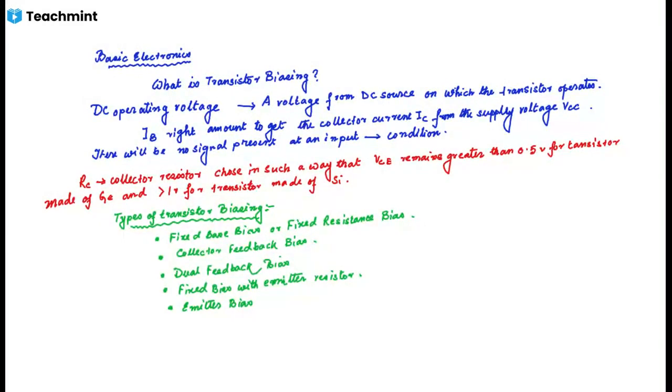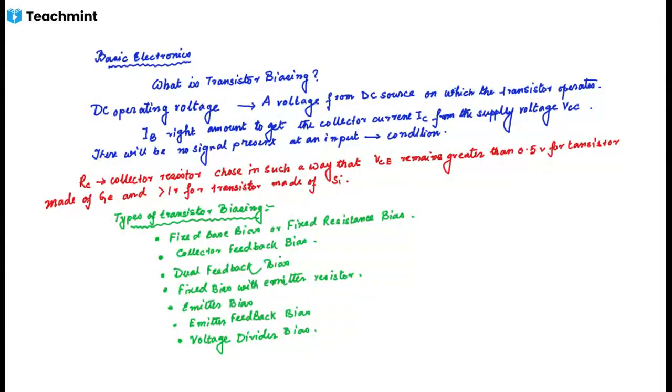Next is emitter feedback bias. Next is voltage divider bias.